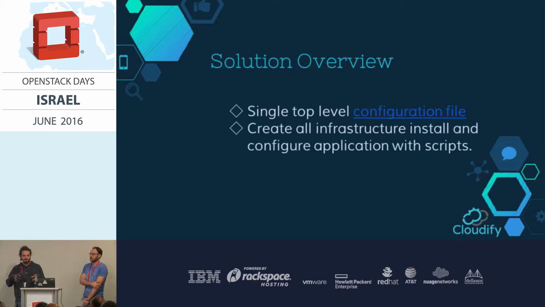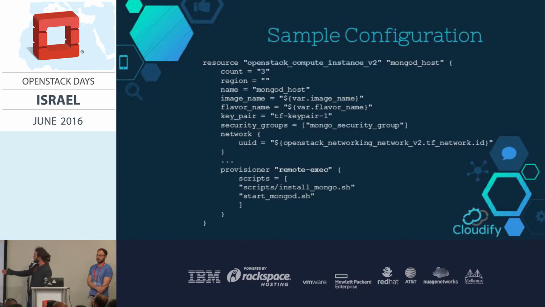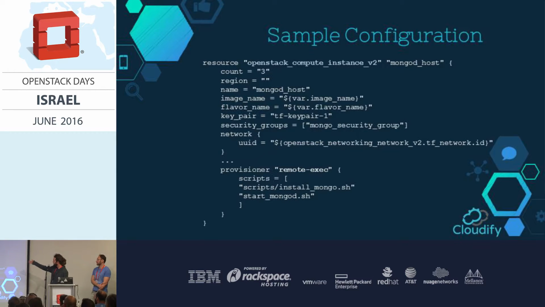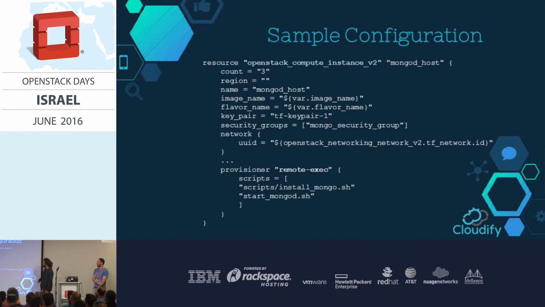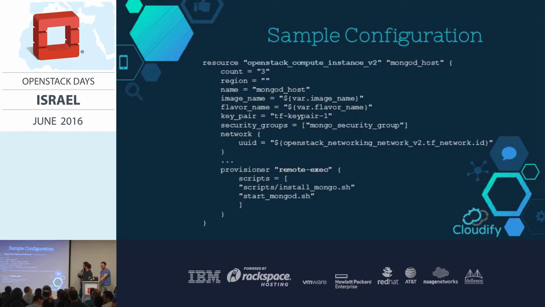This is a very simplified version of deploying a compute node, which is just a VM. You can see that I described the number of VMs to deploy. I can use a variable to provide inputs at the beginning of the deployment.